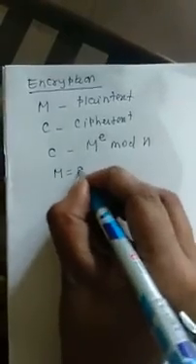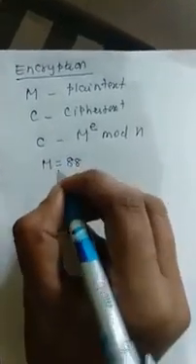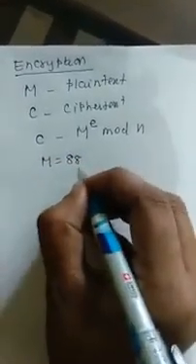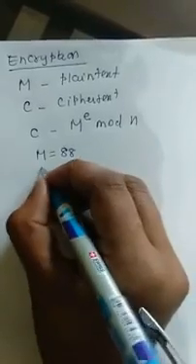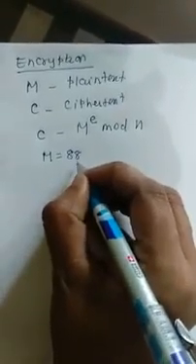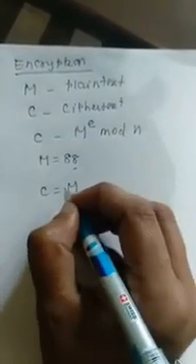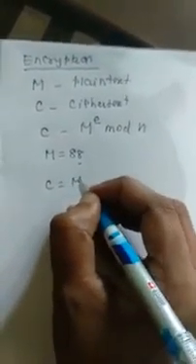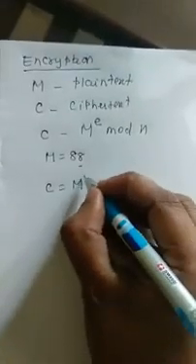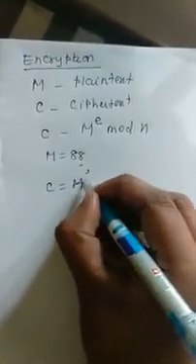According to our example, in the problem they will give two prime numbers and the plain text value. Here according to our example, M equal to 88. Now we are going to convert this plain text into ciphertext, and we have derived the key values already, that is E equal to 7 and D equal to 23. The formula is M power E mod n.